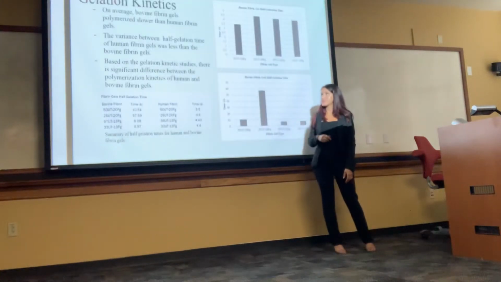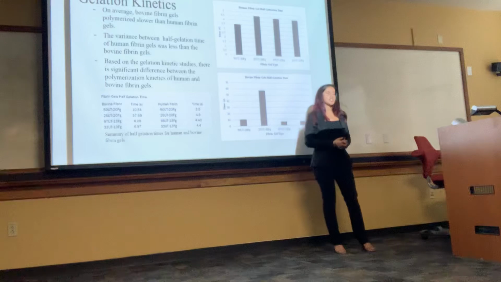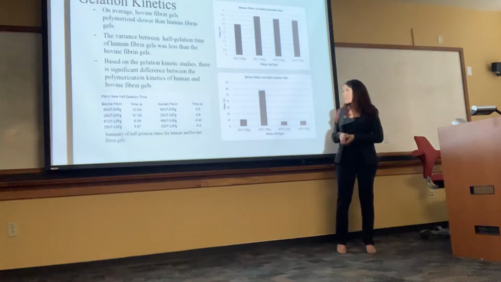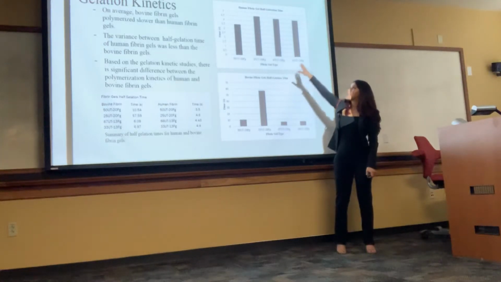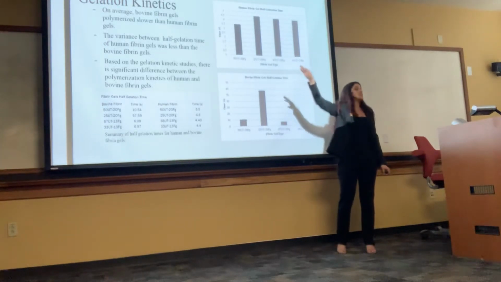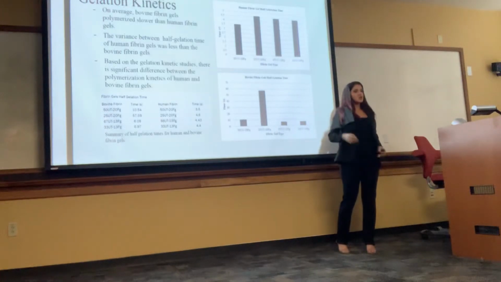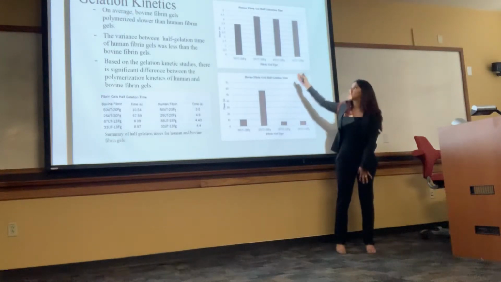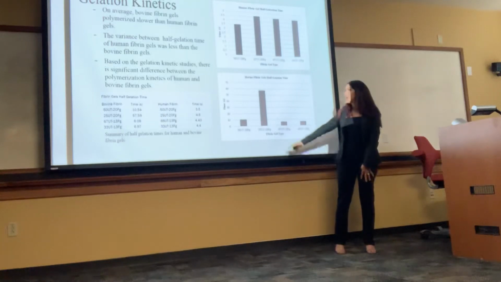the gels. So based on the gelation kinetic studies, on average, human fibrin polymerizes way faster than bovine. And there's also a less significant difference in the time that it takes to polymerize according to concentration. So you can expect that you can use multiple concentrations and still have very similar gelation kinetics with human fibrin.